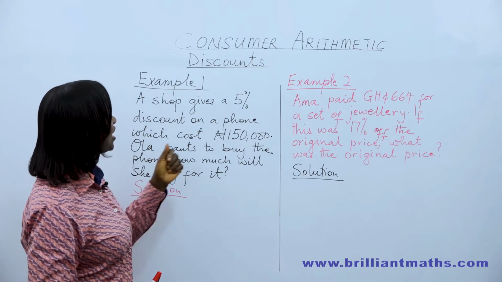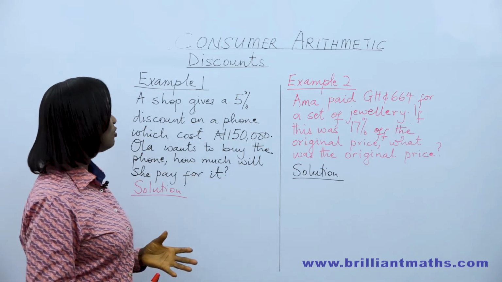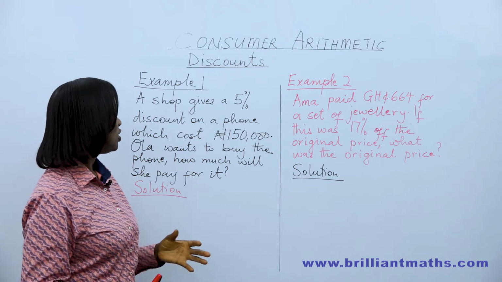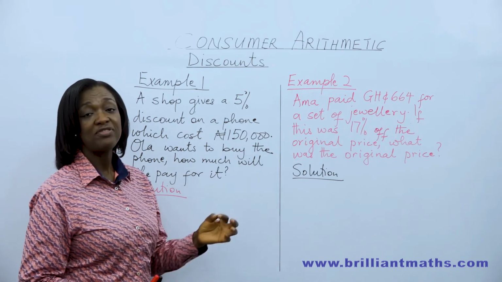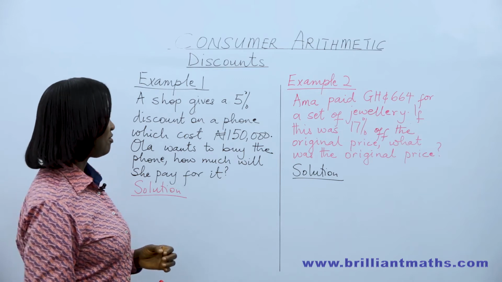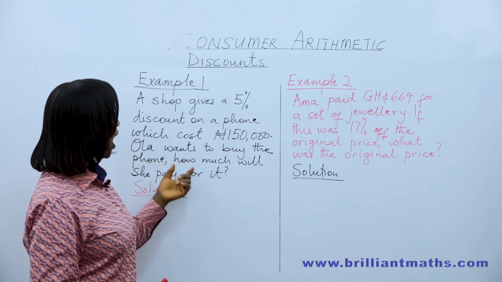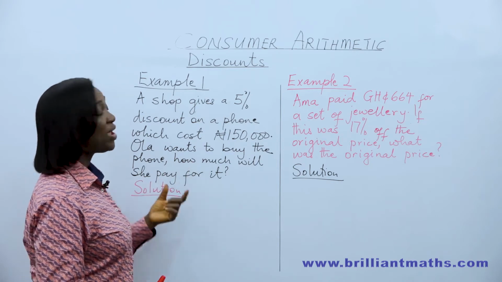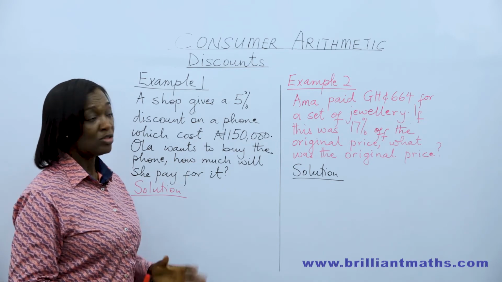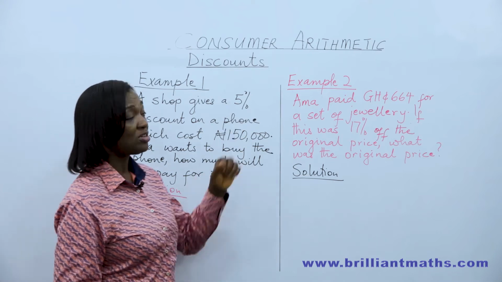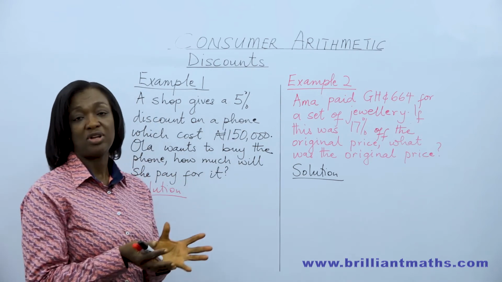A shop gives a 5% discount on a phone which costs 150,000 naira. Ola wants to buy the phone. How much will she pay for it? So the phone costs 150,000 naira and a discount is on it.